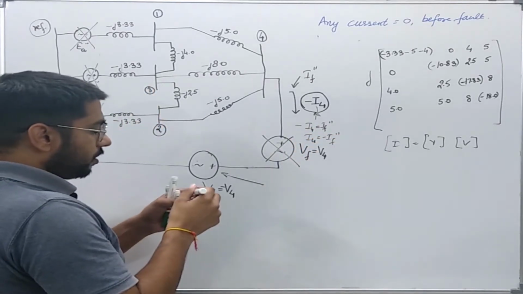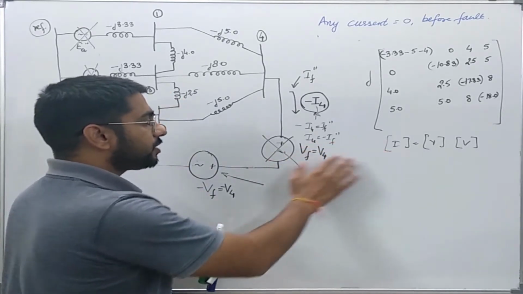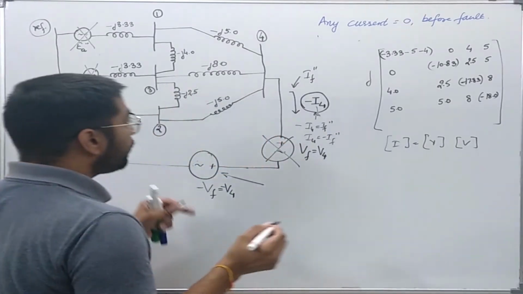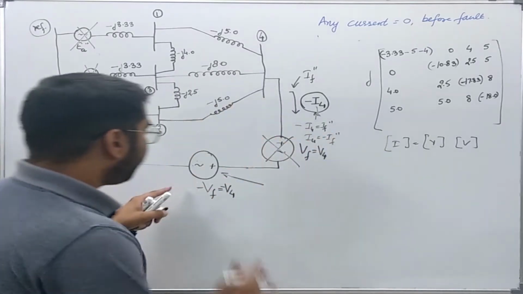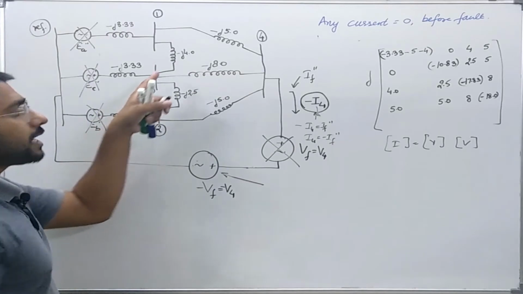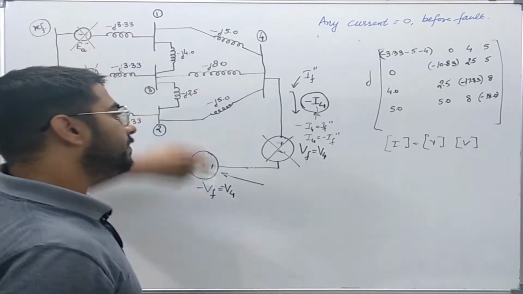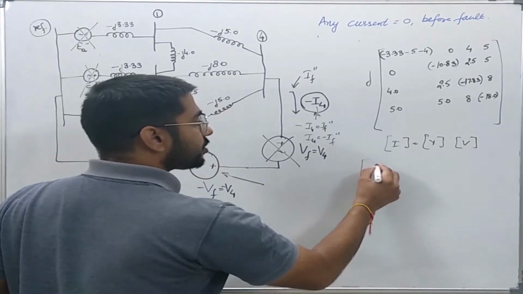Okay, so I will write the equation in terms of the fault current. Now we are just trying to find the effect of this source when all others are deactivated. You can see there is no current source connected to any of the other buses, so all other current sources are 0.